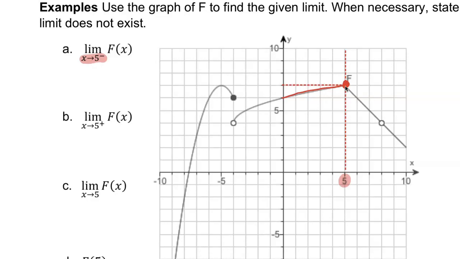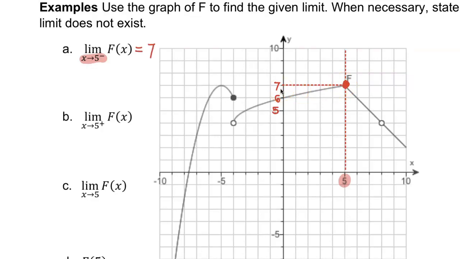This is 5, this is 6, and this is 7. So if we start somewhere on the left of this graph and get really close to that dotted line of x equals 5, we are getting the function value of 7. So the first answer is 7.